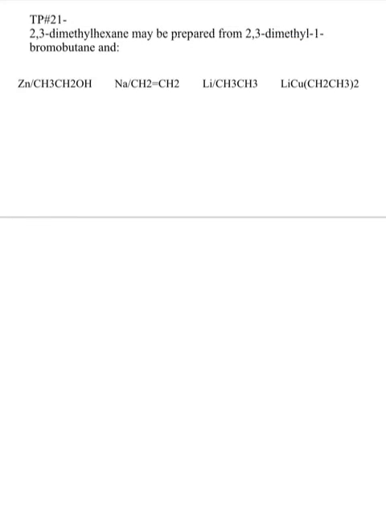Problem number 21. So we have 2,3-dimethylhexane, which may be prepared. So this is a product. We have 1, 2, 3, 4, 5, 6. 2,3-dimethylhexane may be prepared from 2,3-dimethyl-1-bromobutane.